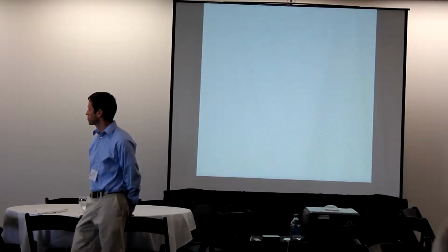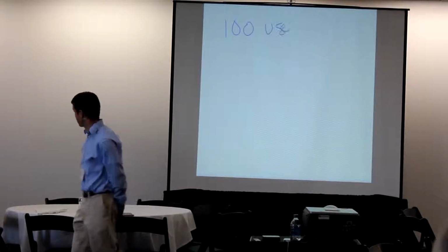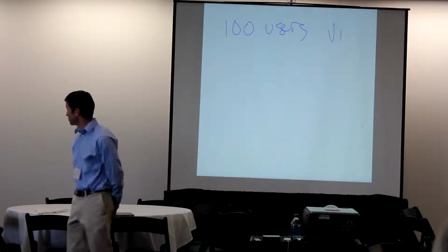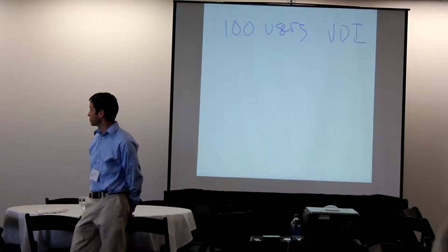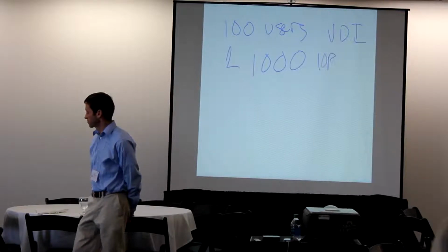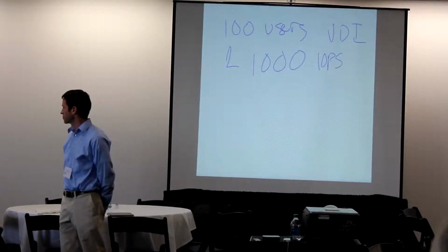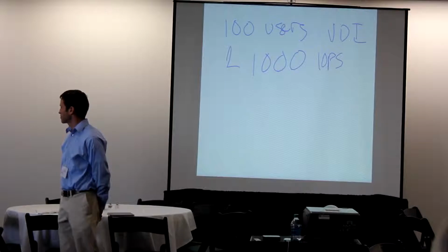However, we get 100 users for VDI. That's 1,000 IOPS on average for demand.